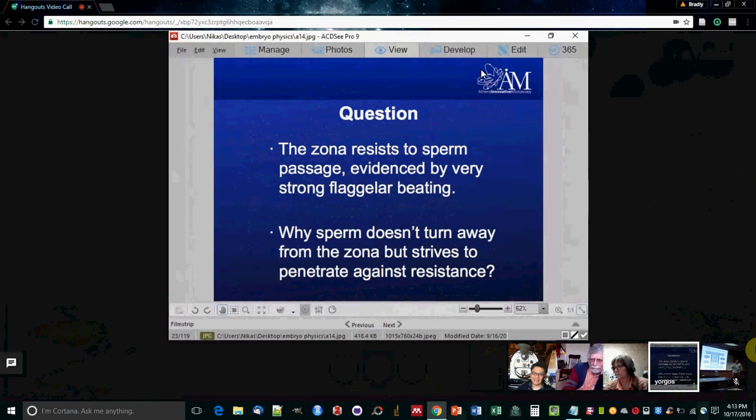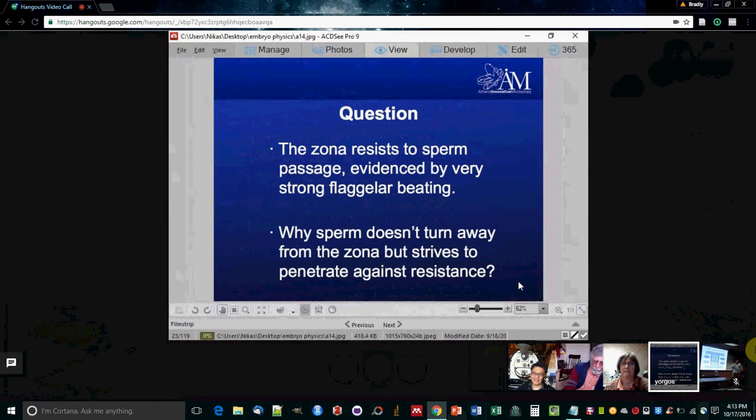And now I have a very important physical question. As we know, the sperm strives to enter the egg. So why doesn't it turn away? Because I know from physics that any moving object, if it encounters resistance, will turn away somehow. It cannot stay exactly opposite. It will take an angle and then escape. So what is it that holds the sperm firmly there, so it can only move inwards?